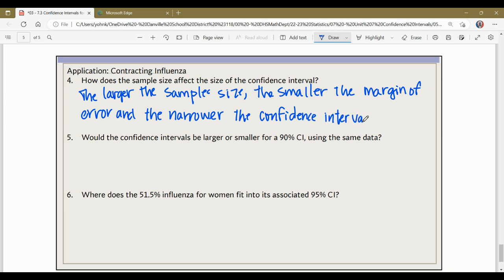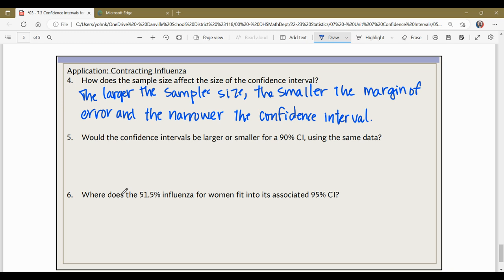If your sample size increases, then you are collecting more and more data to become more and more specific in your estimation. When you become more specific, your margin of error decreases, which means your wiggle room on each side of the actual value decreases, which means your confidence interval narrows.